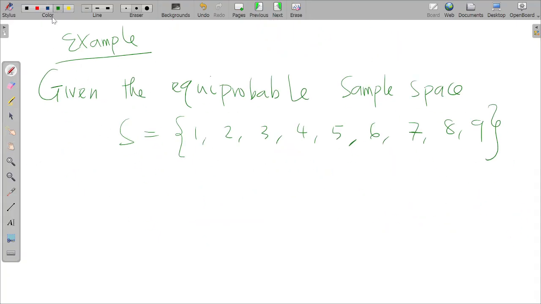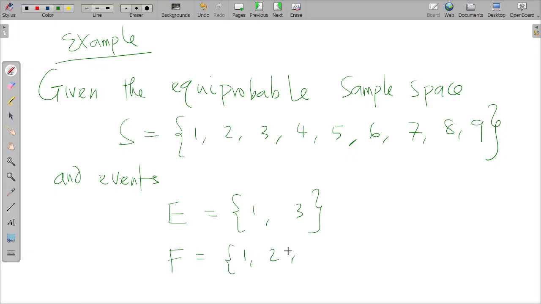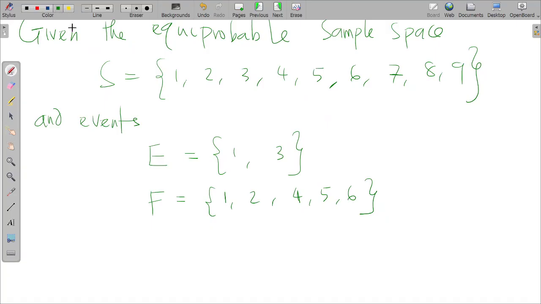So an event E equals 1, 3, F equals 1, 2, 4, 5, 6, and then event G equals 5, 6, 7, 8, 9. Okay. Now, what do they want us to find?